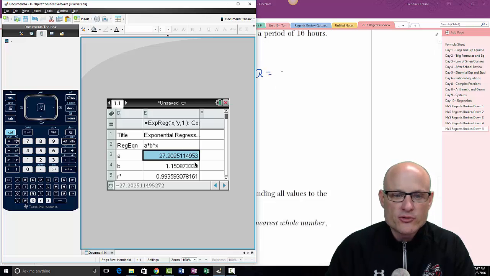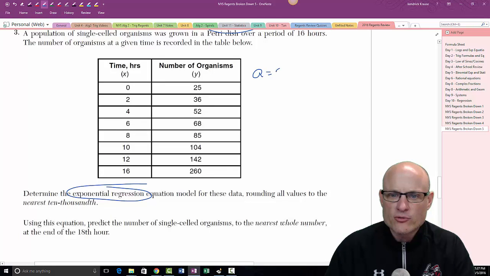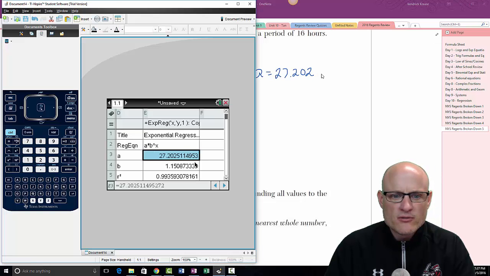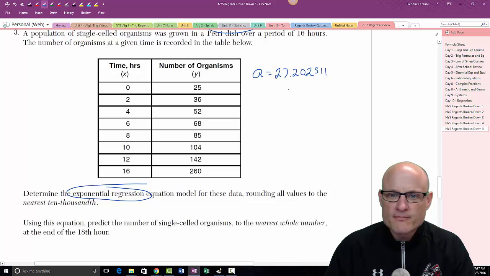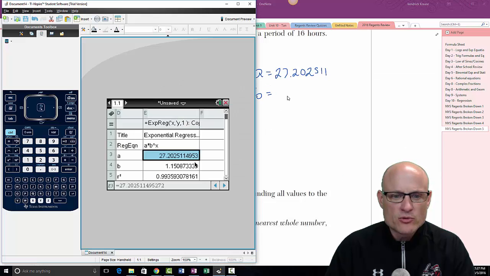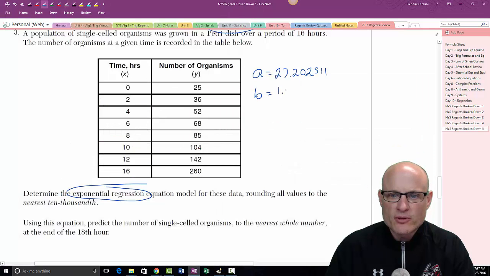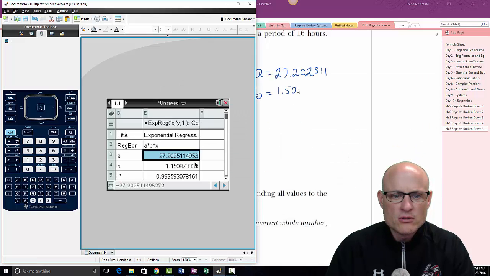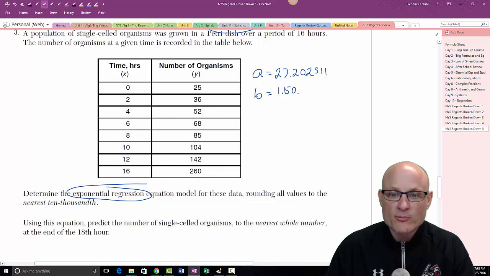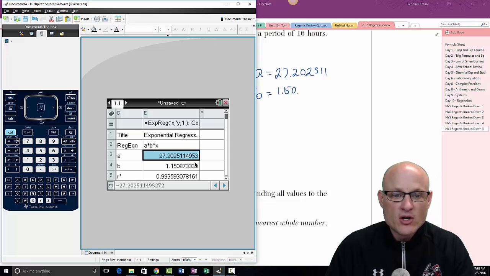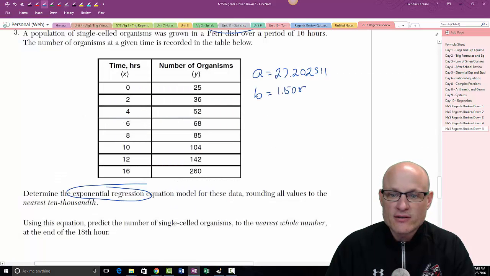So A is equal to 27.202511, and B is equal to 1.15087 8733. Okay, so our equation is y equals 27.2.